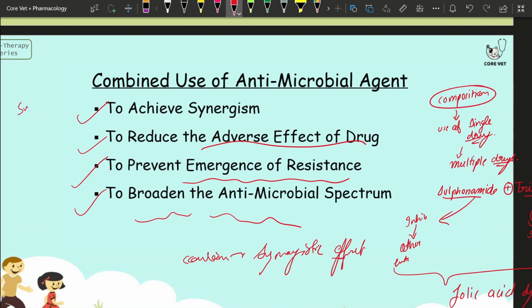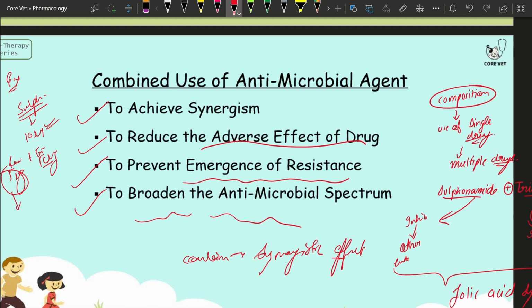When we use sulfonamide alone, say we use 10 microgram of the sulfonamide. But when we use sulfonamide plus trimethoprim, we could use just 5 microgram. I'm just giving an example of a formulation; it's not an actuality. So the sulfonamide that was earlier used at the rate of 10 microgram is now used at 5 microgram when combined with the trimethoprim.